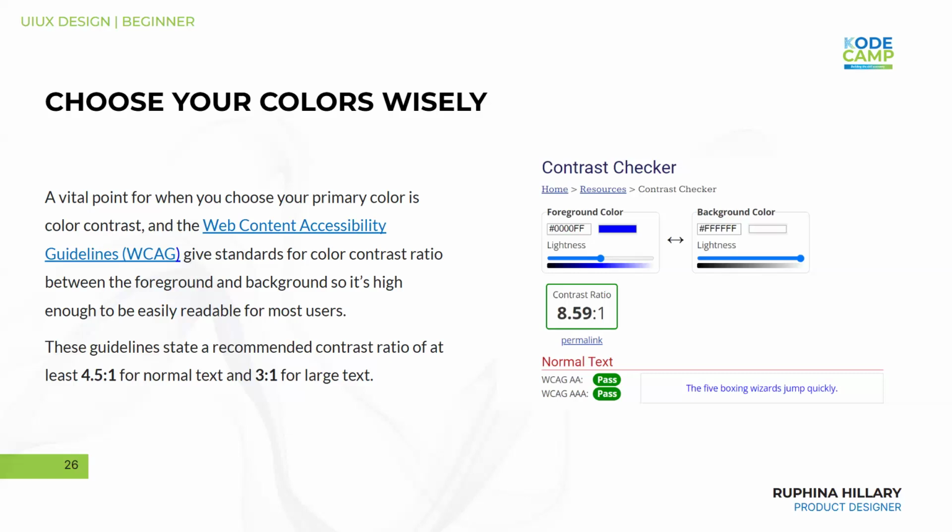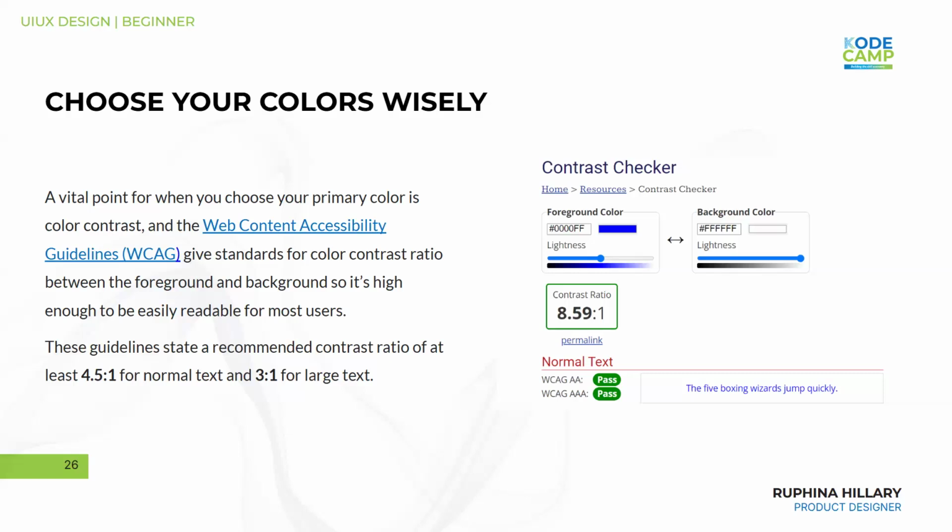This contrast is a standard so that whatever colors you are using, if you're planning to use two or more colors in your design, it is there to ensure that those two colors can work, right? Not when one color is overpowering the other or when you can't see a text because of the background color. So it gives you standards for the ratio between a color and its background.